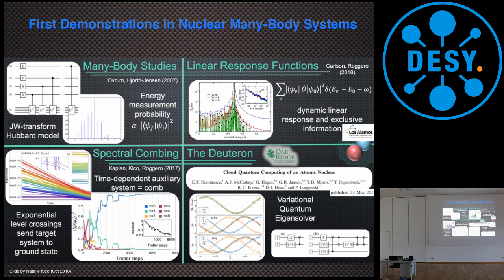You have a cold system here, and this is the system you're interested in, and then you slowly lower the energy of the system as a function of time, and because there's coupling between these states, energy moves from this system into this system, cooling it and moving it closer and closer into the ground state. You repeat that cycle a number of times, and you can increase your probability of being in the ground state to order 1.